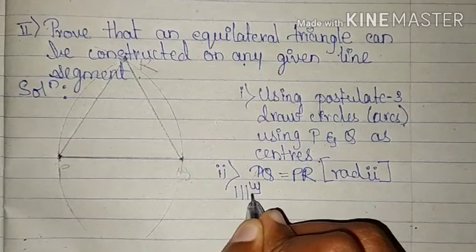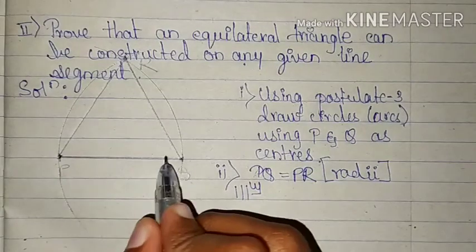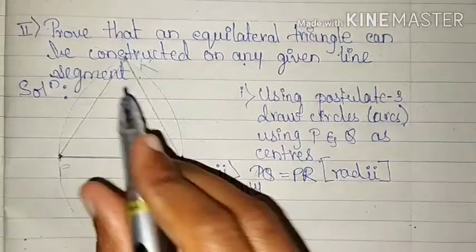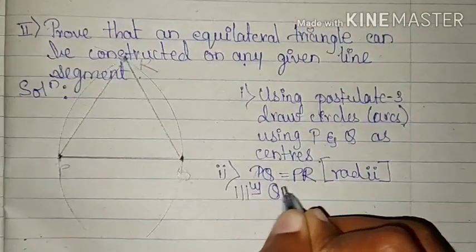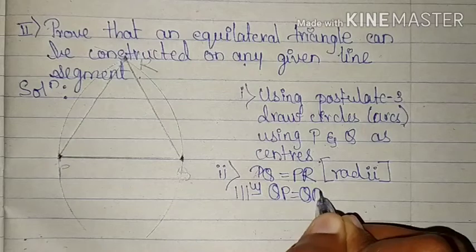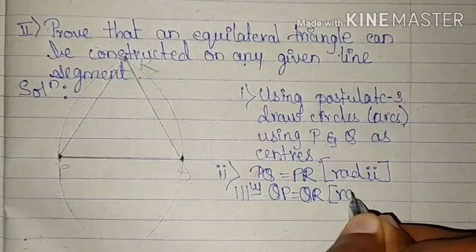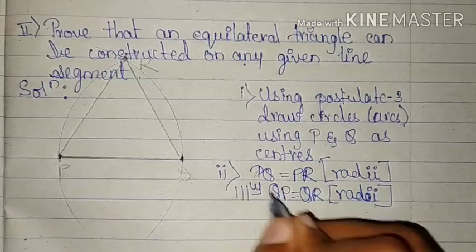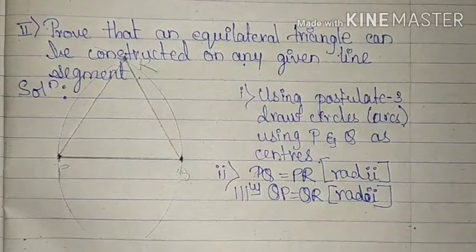Similarly, when Q was the center, QP is equal to QR. Once again, they are radii of the circle. PQ and QP are one and the same.